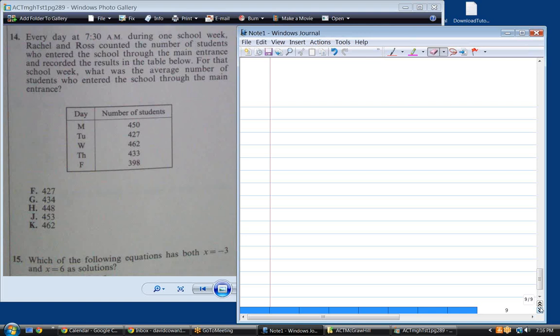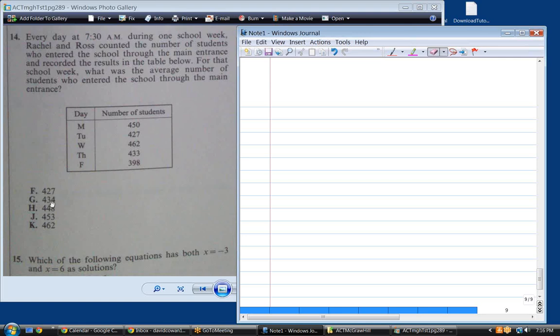Don't you add them all up and then divide by 5? Yep. And you could guess without doing that. In other words, if it was like some of the other questions we've seen, and they had 900, 800, 700, 434, that would be the answer. On this one, we can't do that because they put all the answers too close together.